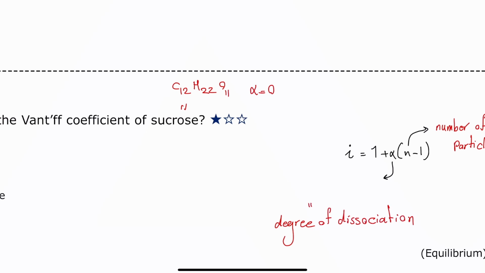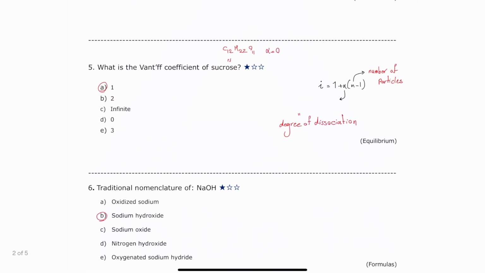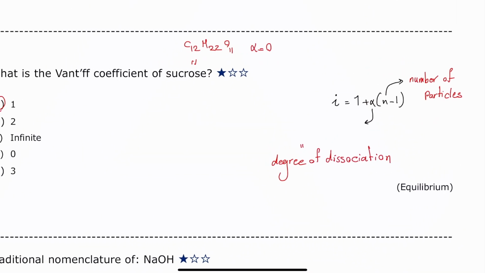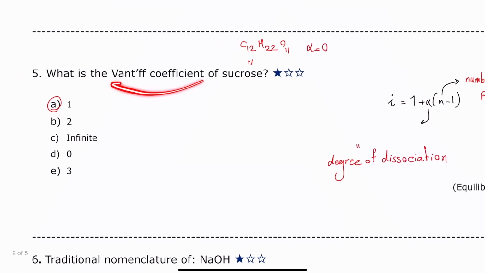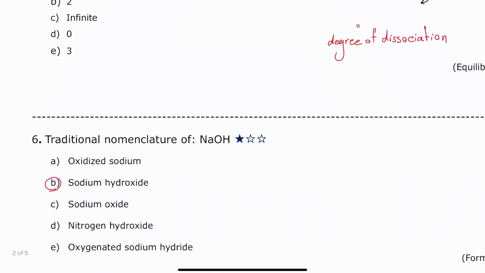They would dissolve in the form they are by making intermolecular forces. For this one, it would be hydrogen bonding. So alpha would be 0. This would make this whole term 0, and i would be 1. So the Van't Hoff coefficient would be 1.